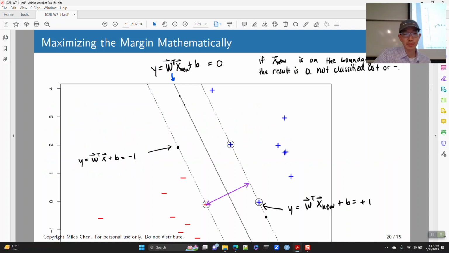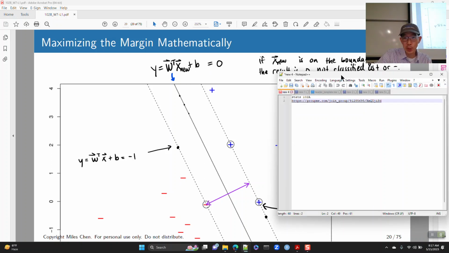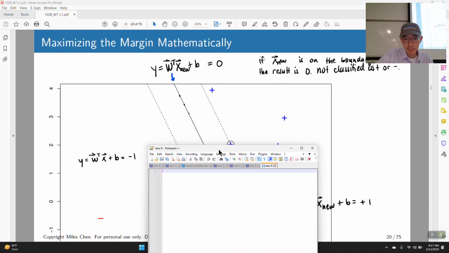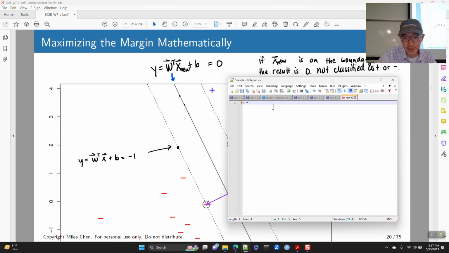Okay, so this is the same picture, but all labeled. This is our boundary, w transpose x plus b is equal to 0. I don't have a good example, but let's say w is equal to 1 comma minus 1, so this is not exactly it, and let's say b is equal to 4.